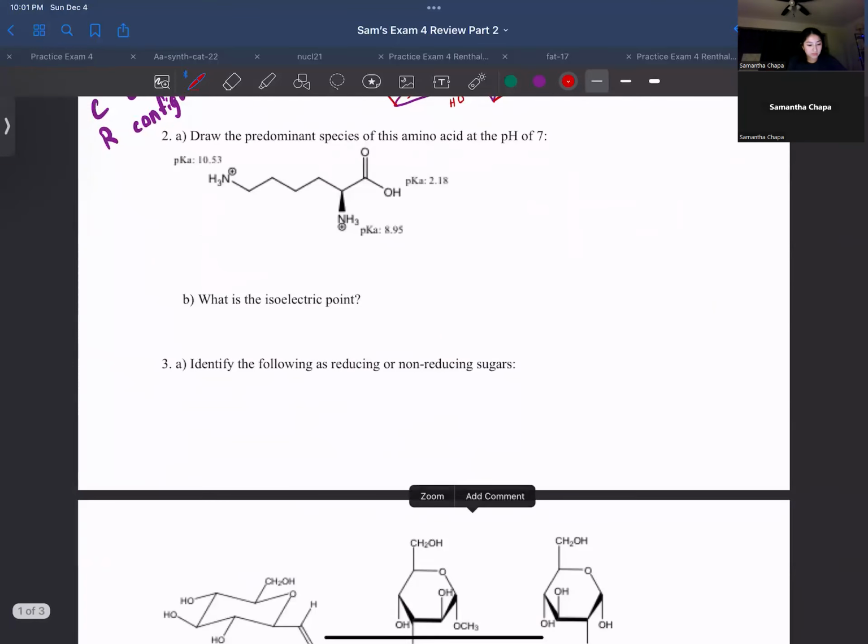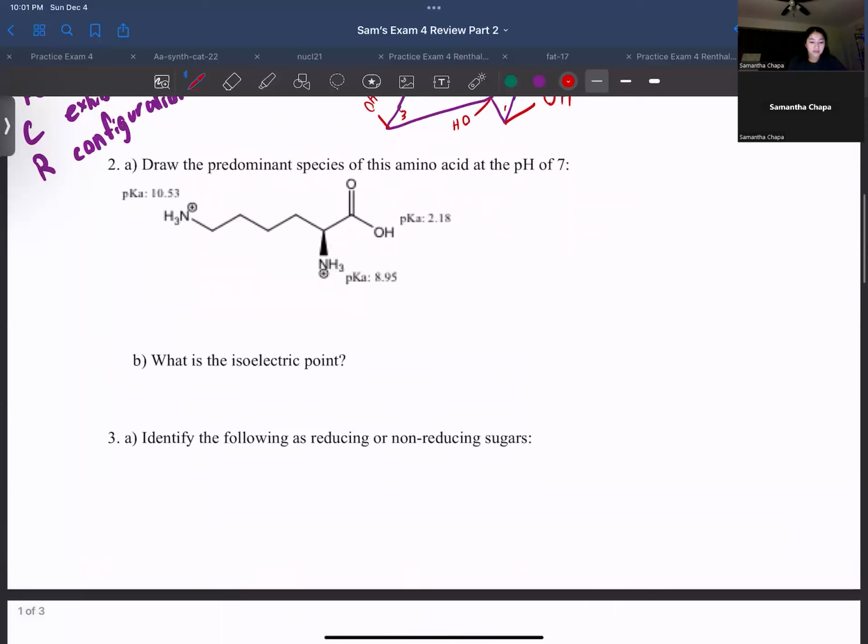But yeah, this one. Okay, so they're giving you lysine. Draw the predominant species of an amino acid at a pH of 7. So for these, we know that all the pKa's lower than the desired pH, in this case 7, would be deprotonated.